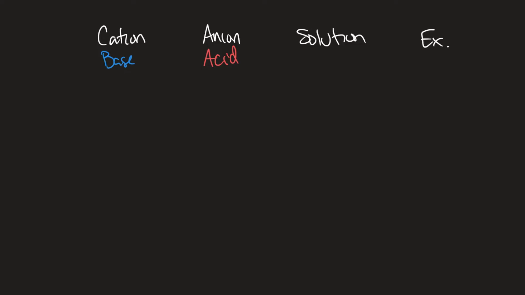Let's say the cation was from a weak base and the anion came from a strong acid. We're talking about the salt here. In this case, the solution will be acidic.